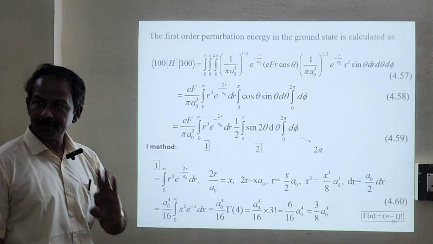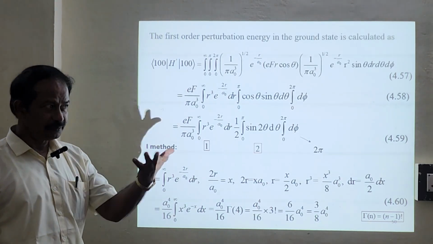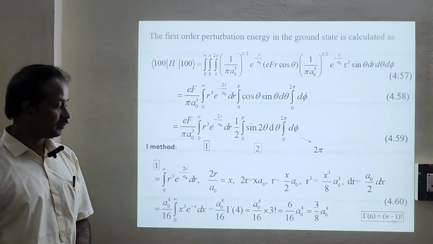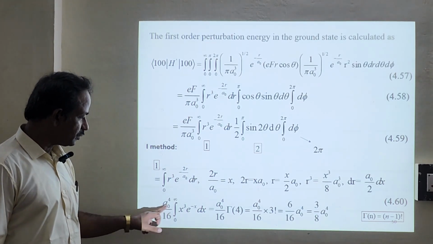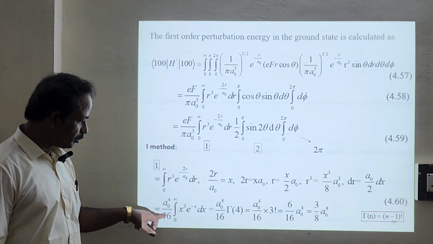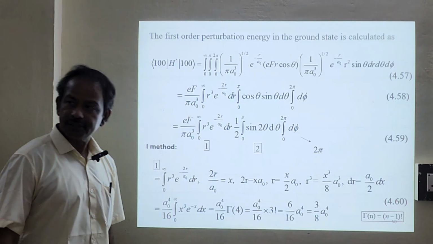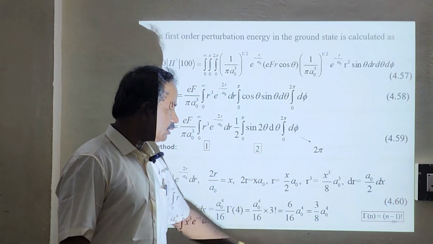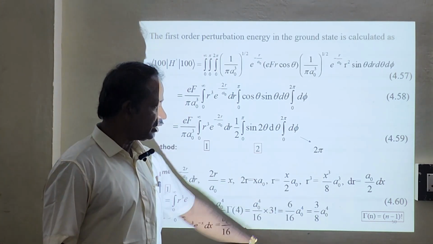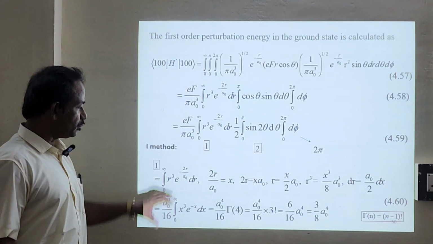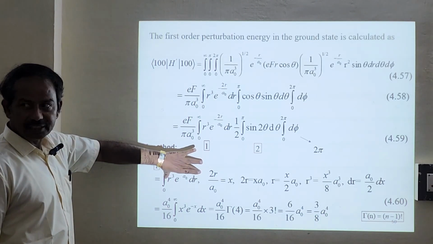So gamma 4 is nothing but 3 factorial. So the answer for the first integral will be a naught to the power 4 divided by 16, times 3 factorial, which is 6, divided by 16, which is equal to 3 by 8 a naught to the power 4. So we have finished the first solution for the radial part.